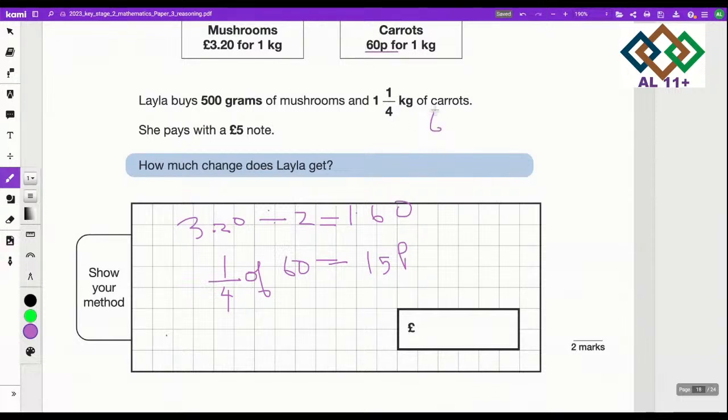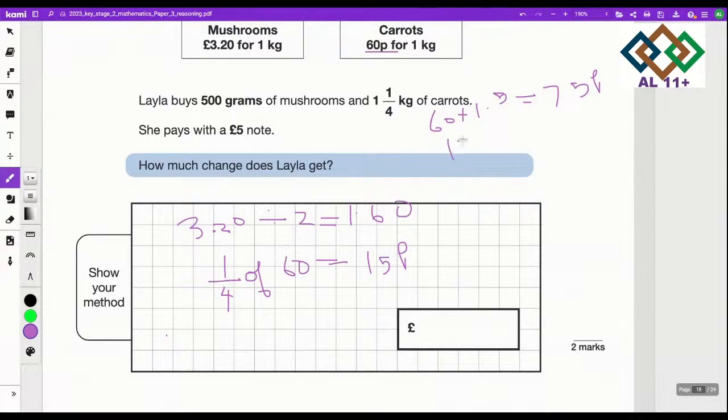So we are adding 60 plus 15. That gives you 75p, and that's not your answer. Then you have to subtract that from, you need to add again and then subtract.